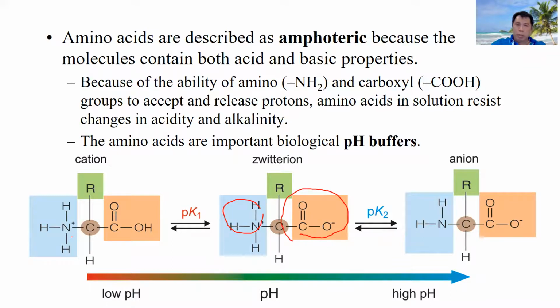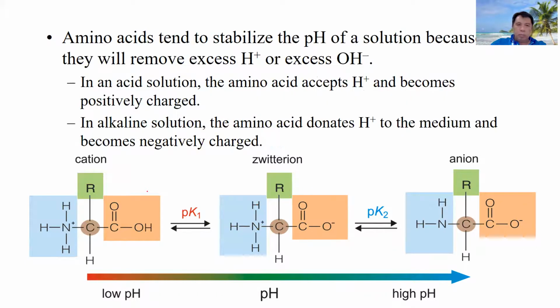This is very important because our blood and tissue fluid contain a large amount of amino acids, so these amino acids can act as a pH buffer to resist or limit the change of pH in the tissue fluid or blood.